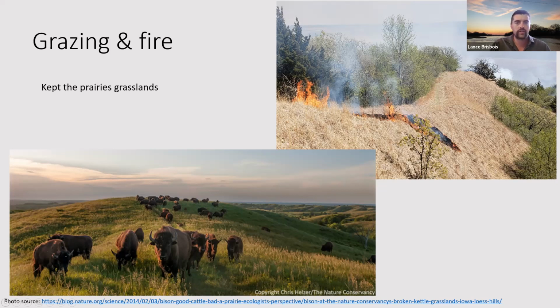So prairie fires were pretty common in Western Iowa. And then there had always also been grazing animals like bison. That photo on the bottom is Broken Kettle Grasslands up north of Sioux City. That's the largest remnant prairie in Iowa. They have a bison herd.